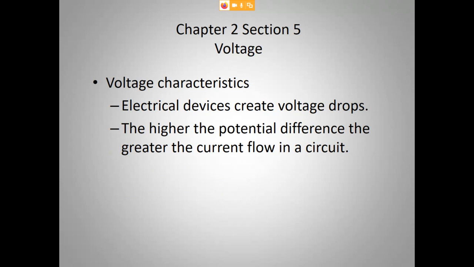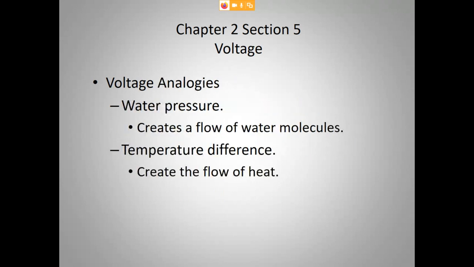Okay, so I'll use the term voltage drop a lot when we say this resistor is dropping this much voltage. But really we're just talking about what is the voltage across that element in the circuit.